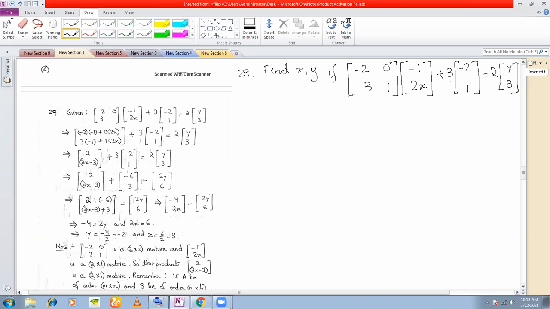In fact, this is a matrix equation. You need to find such values of x such that this equation is satisfied.